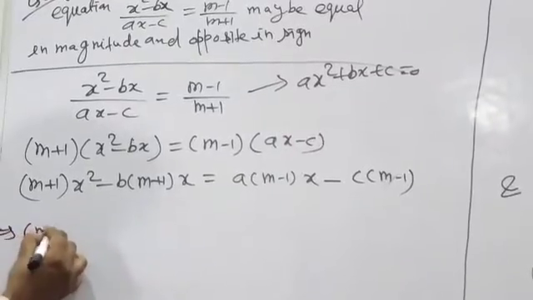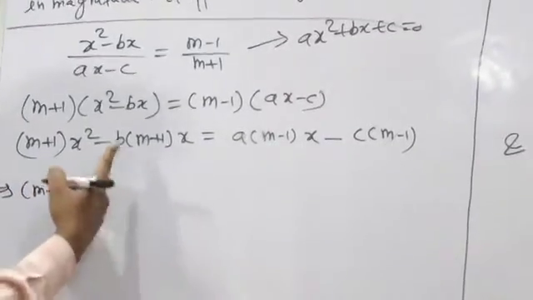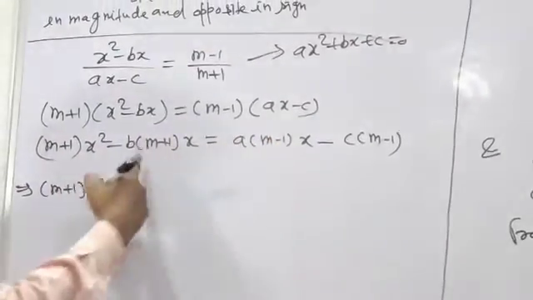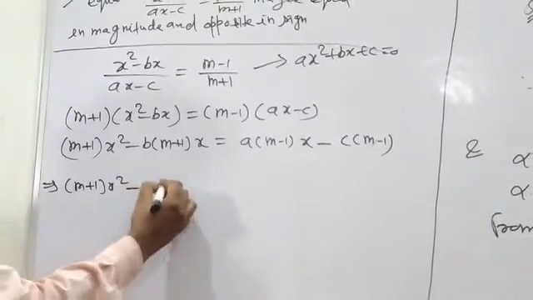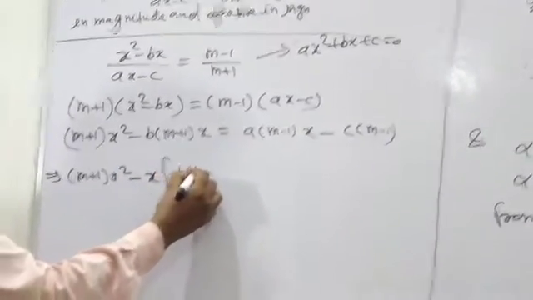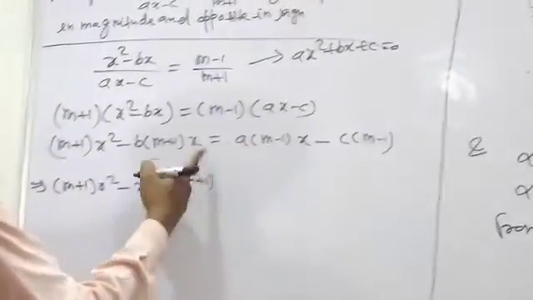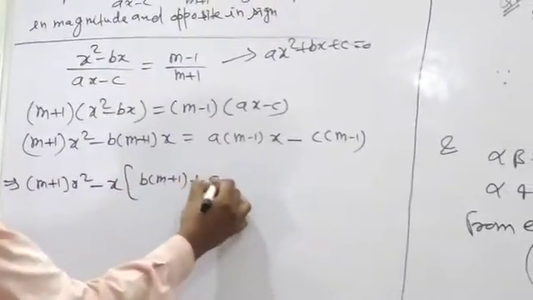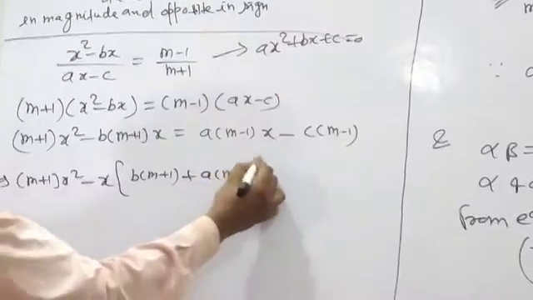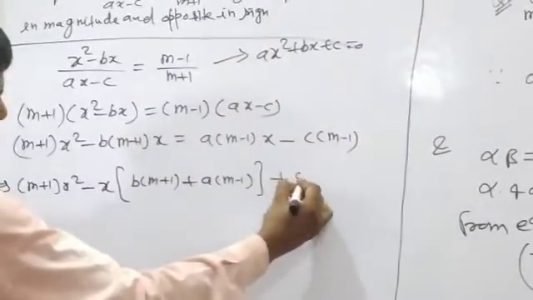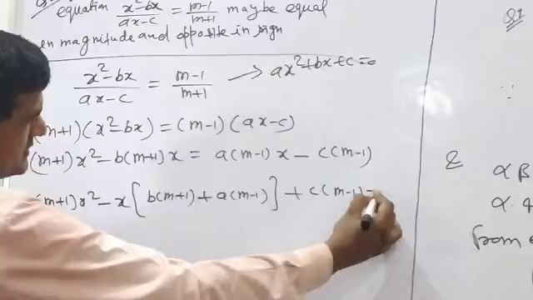Now here m plus 1 x square, transferring here, minus x and b into m plus 1. Clear? Minus minus means plus here, a into m minus 1 plus c into m minus 1 is equal to 0.